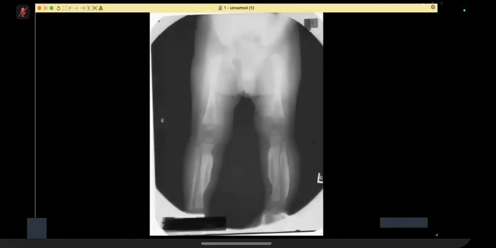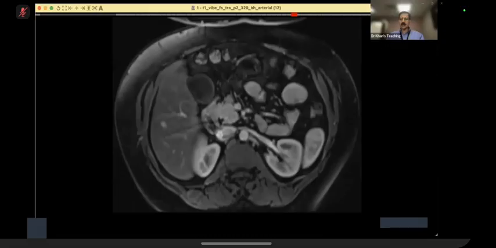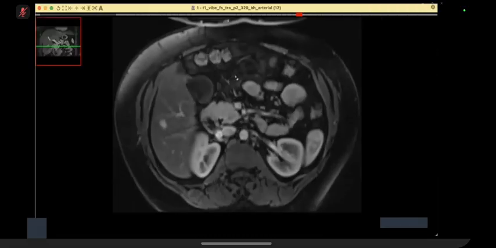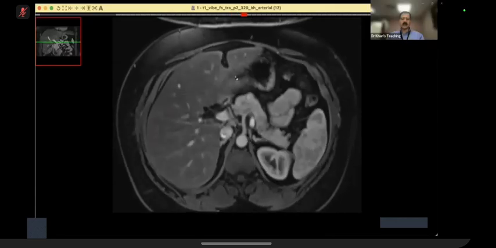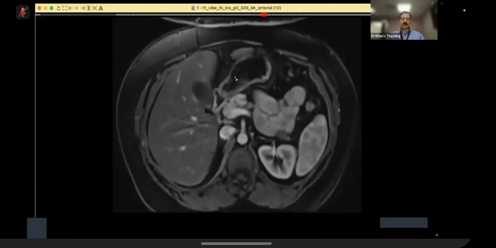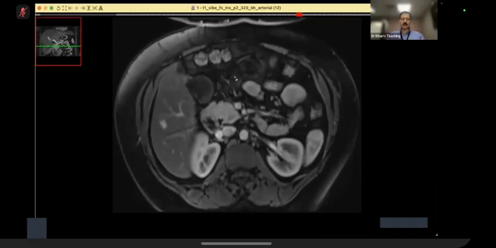Now the image is good. Yes, the quality is fine. Now I am unable to present all sequences together, which I was aiming to.